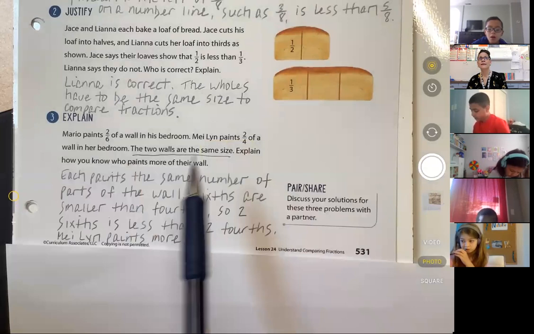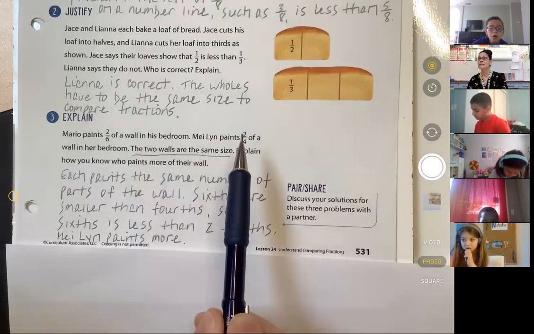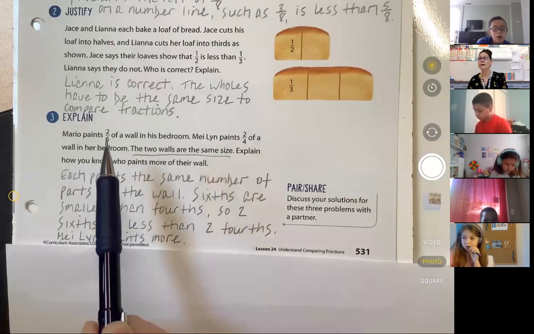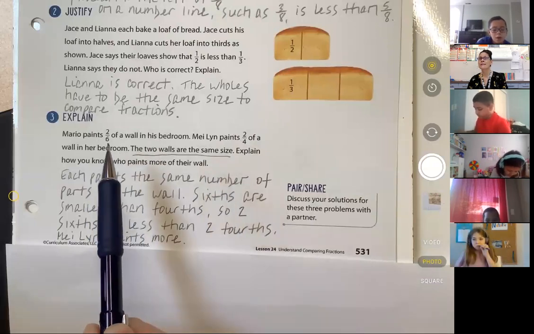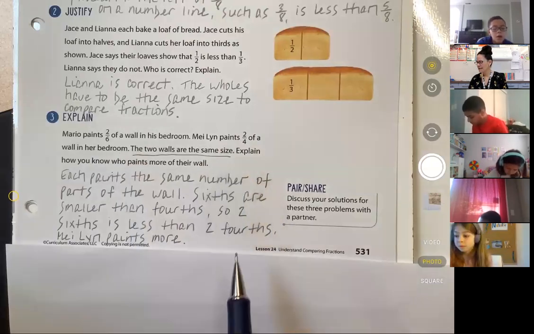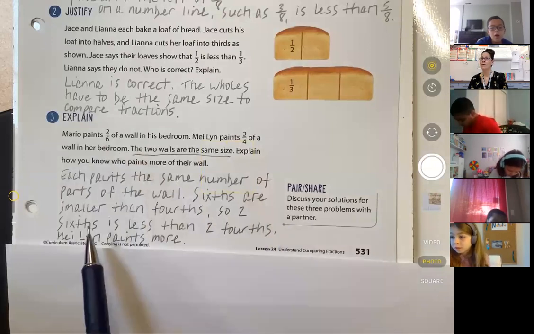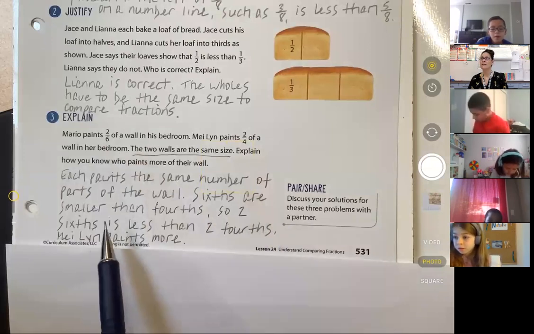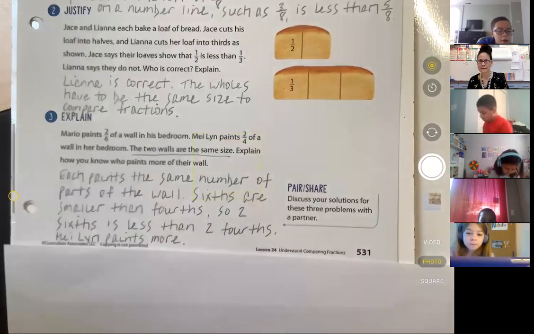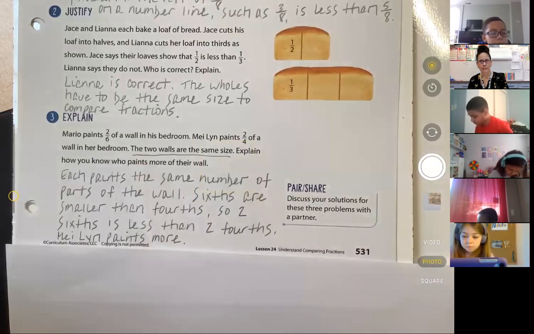There's 2 parts here and 2 parts here. But Mario breaks up his wall into 6 parts. Maylin breaks up her wall into 4. We know that 6ths are smaller than 4ths. So 2/6 is less than 2/4. Maylin paints more.